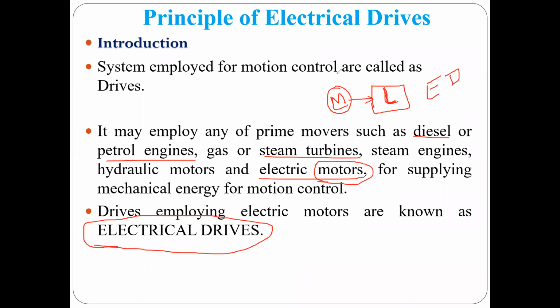This is one of the most important definitions. Anyone can ask the question in the practical examination or in any interview: what is drive, and what is electrical drive. So the drive is nothing but the system which is developed to control the motion of the load.